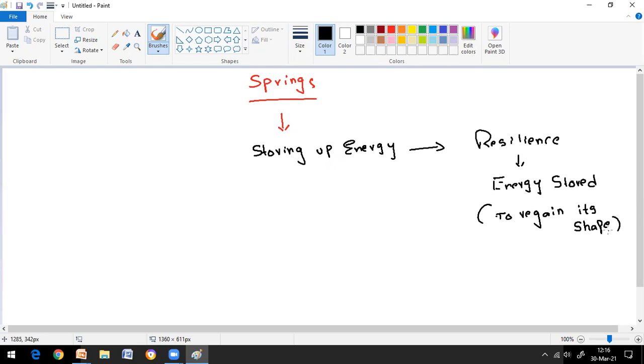Not only storing up energy, a spring can also be defined as something that absorbs excess energy. For example, springs used in bike shock absorbers absorb energy.